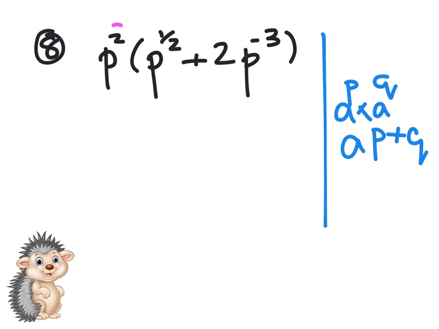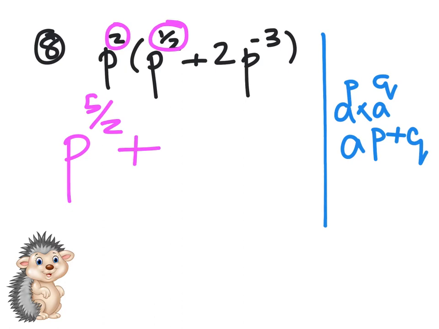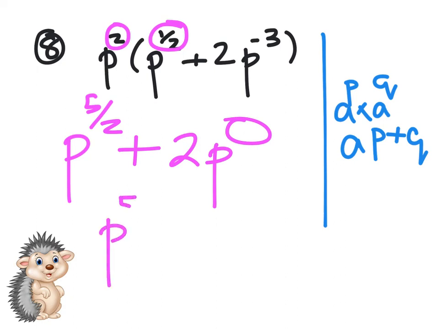So the first one, we've got 2 and a half as the powers, so that's going to be p to the 2 plus a half, 5 over 2, plus, when I multiply the p by the 2p to the negative 3, that gives me 2p, you can work out what the new power is. Question asks you to write it with positive powers, so 5 over 2 is already positive, this part isn't. Look back at your book and work out how to fix that. And that's us.